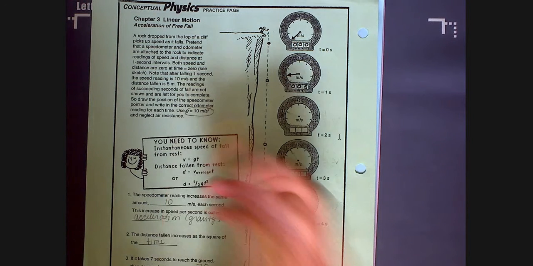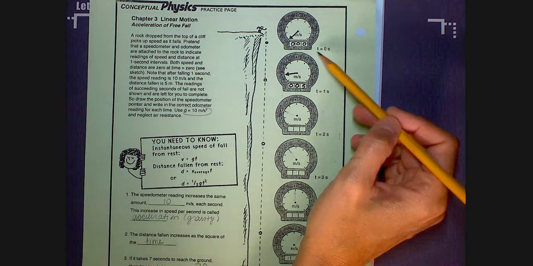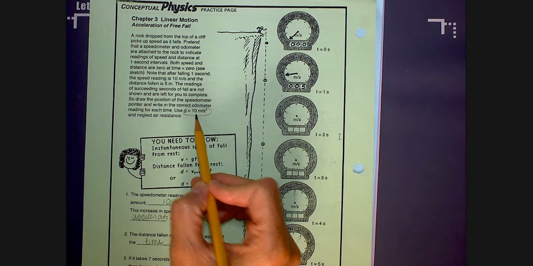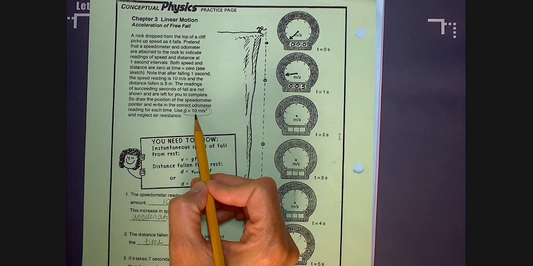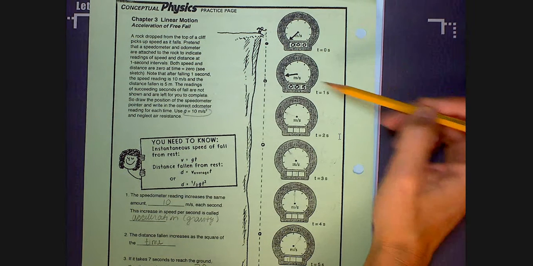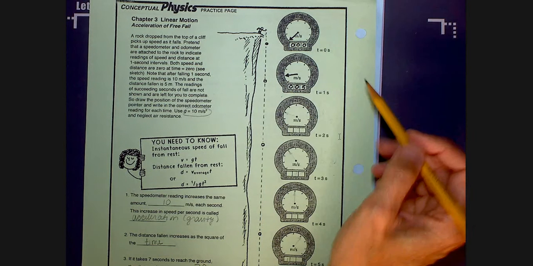I'm just going to turn the light on here. So you'll notice as 1 second passes, if gravity is the only thing working on it, that means for every second that passes, we're going to pick up 10 meters per second. 1 second has passed, so the needle now is at 10 meters per second. Now we go to 2 seconds.